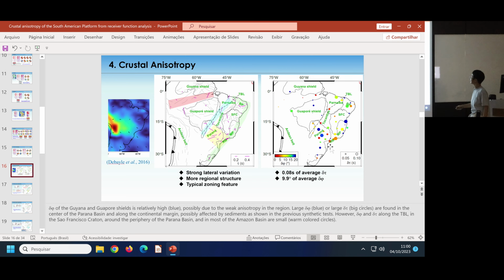So all of this data here, although it's blue, has a delta phi smaller than 22.5 degrees, smaller than a half quadrant. And for the tau, as we know, the uncertainty is very large.